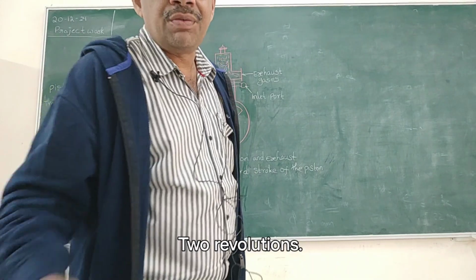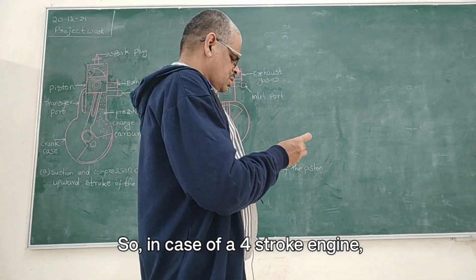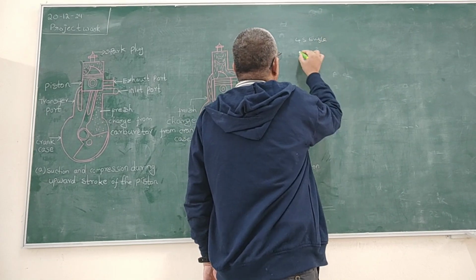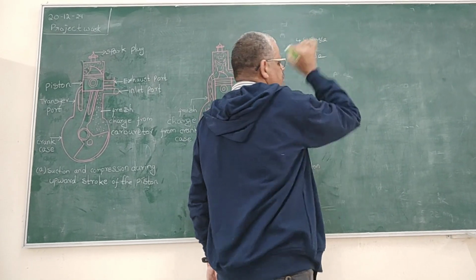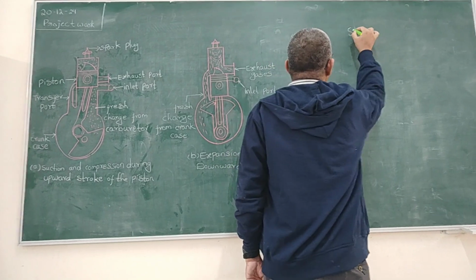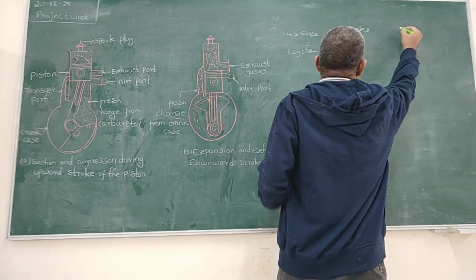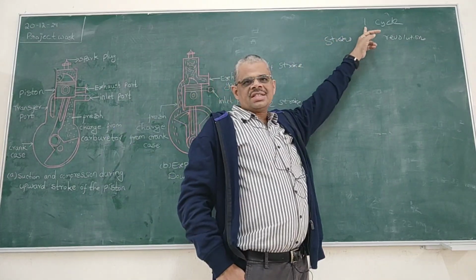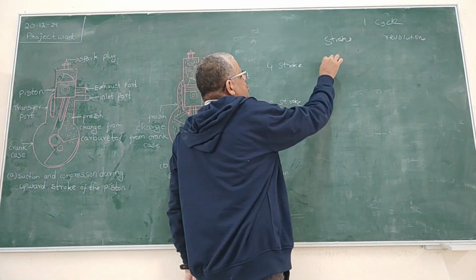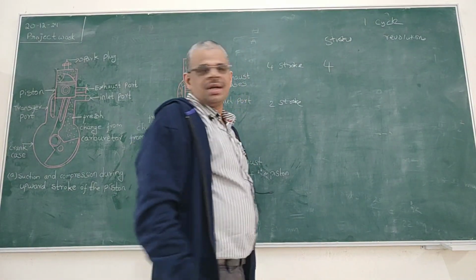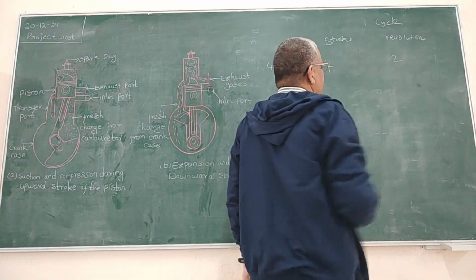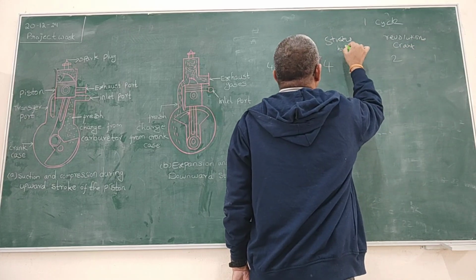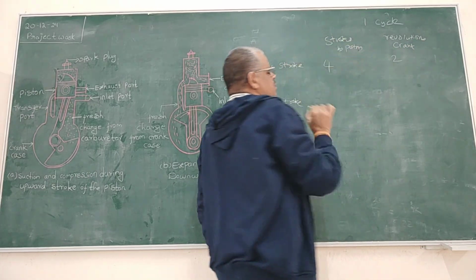So, in case of a 4-stroke engine, one cycle means number of strokes and revolutions of crank. In a 4-stroke engine, one cycle is completed in 4 strokes of the piston and 2 revolutions of the crank. So, these revolutions are made by the crank and this is by piston. So, that's clear.